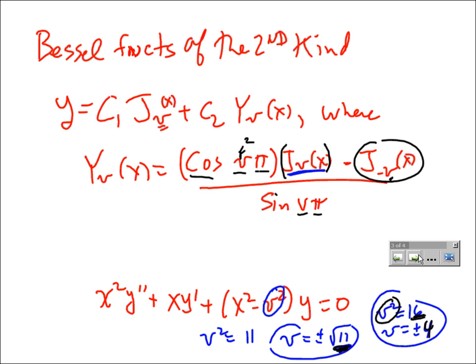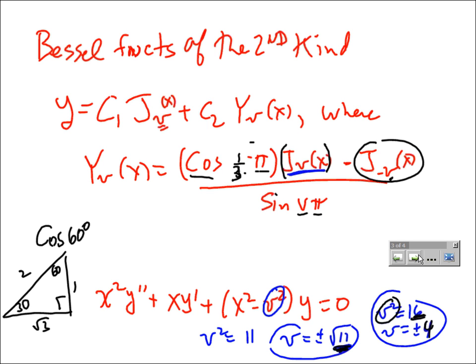So v is 1/3. A third of pi is 60 degrees. The cosine of 60 degrees we're supposed to know. From the 30, 60, 90 triangle with sides 1, 2, square root of 3, this is just the square root of 3 over 2.